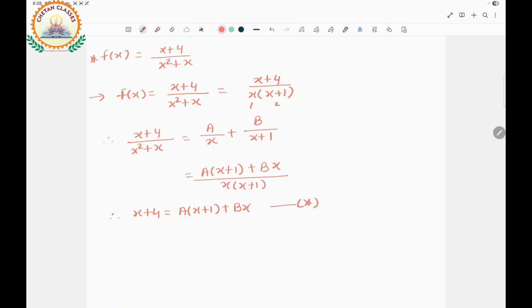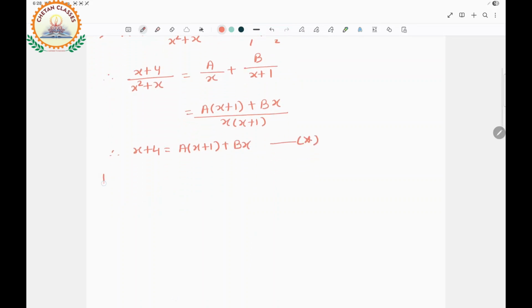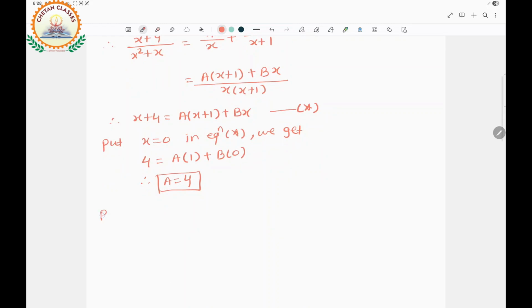Consider equation number star. Now, put x is equal to 0 in equation star. So, we get 4 is equal to a into 1 plus b into 0. So, a is equal to 4. Now, what we put? x is equal to minus 1.